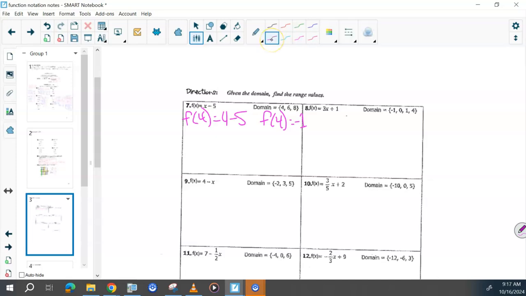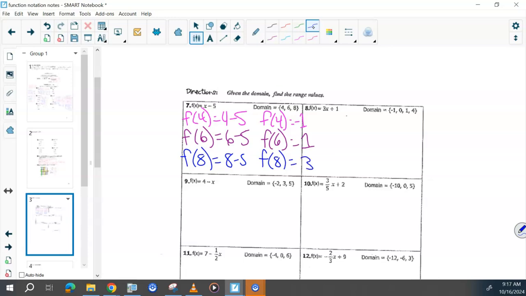And then f of 6 would be 6 minus 5. What is f of 6? 1. And then f of 8 would be 8 minus 5. So what is f of 8? 3. So then because our domain was given to us in the solution set, we have to write our range in the same thing. So the range, least to greatest, in curly brackets, -1, 1, 3.